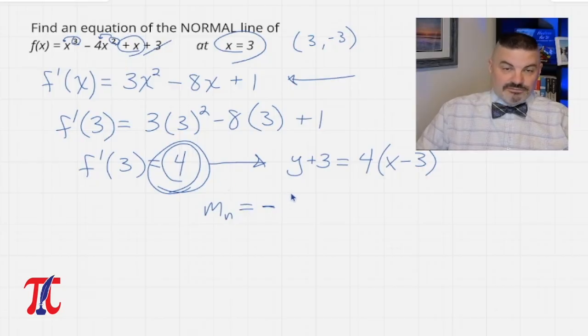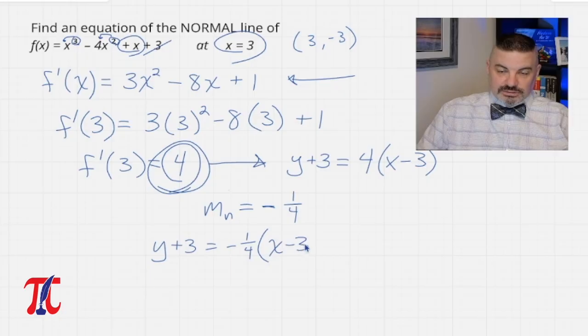The reciprocal of 4 is 1/4. So then I can plug that into point slope form and get y plus 3 is equal to negative 1/4 of x minus 3.